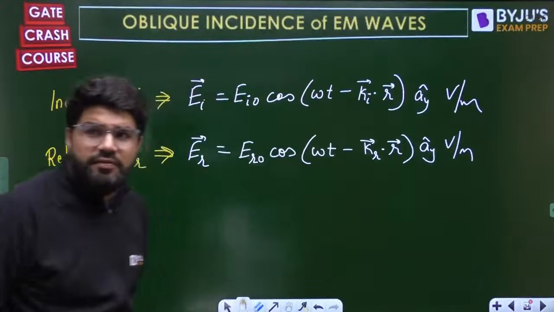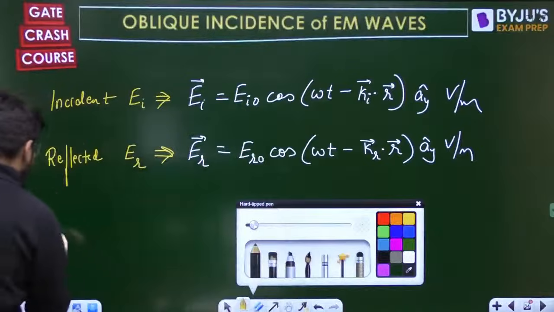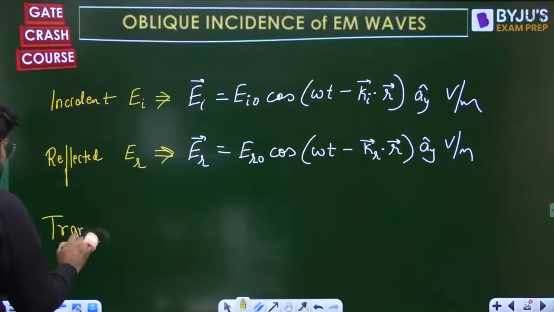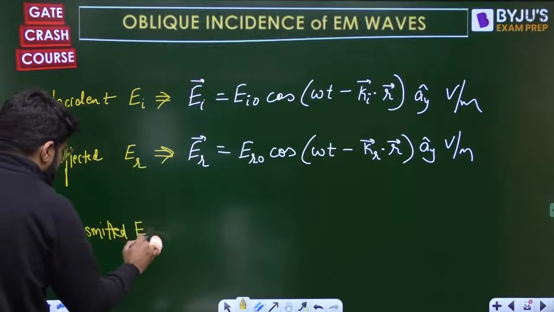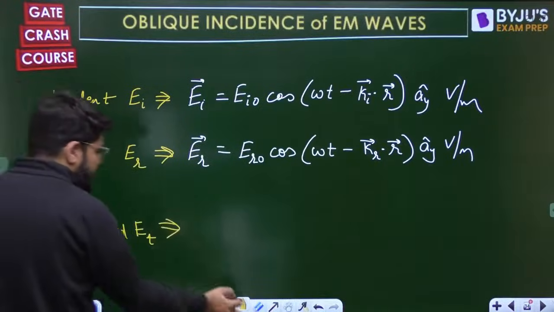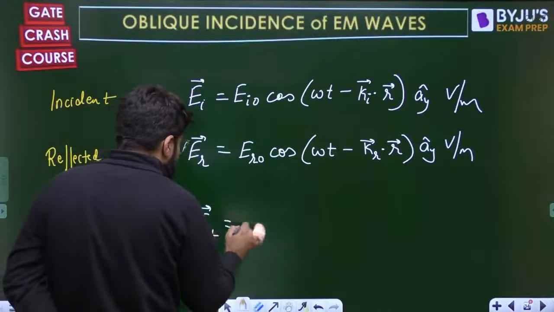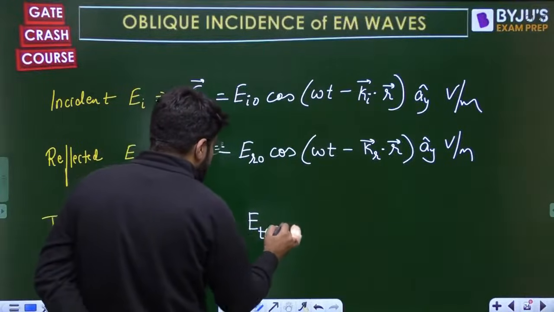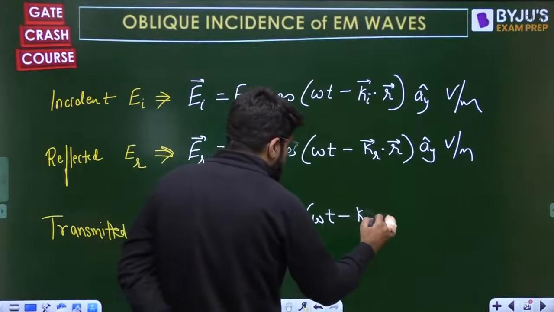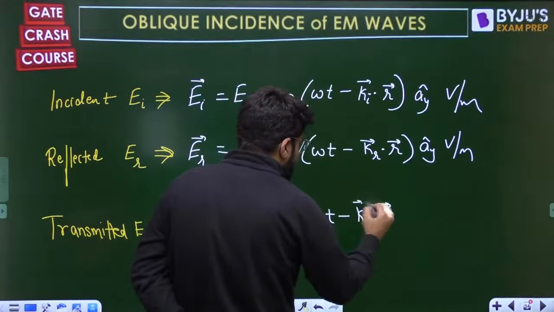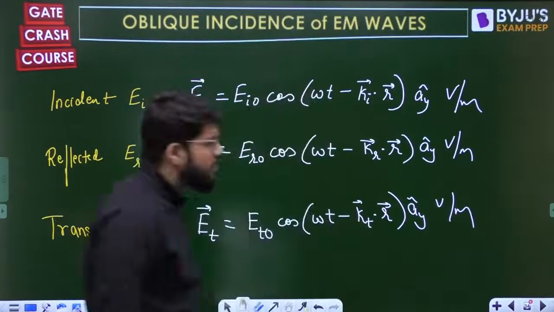The direction of the electric field always remains the same. And when I want to talk about the transmitted field ET, what should it be? It is given by ET naught cos of omega t minus kt dot r, in ay volts per meter.